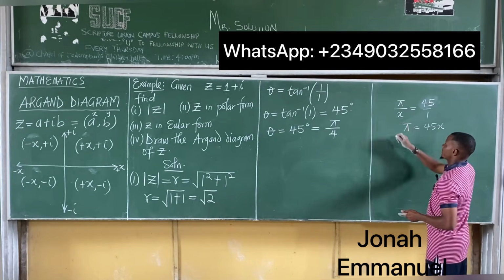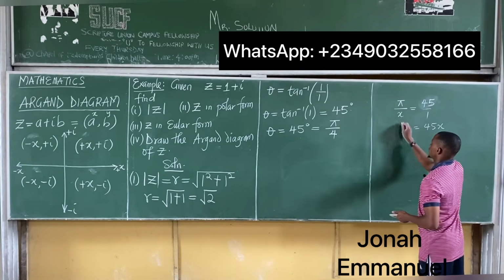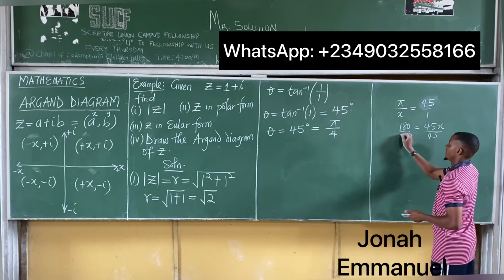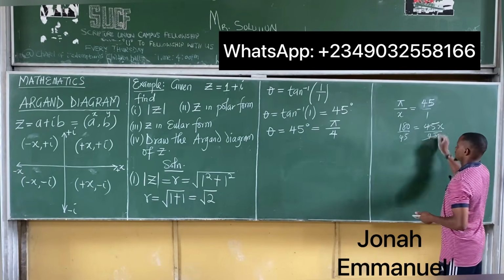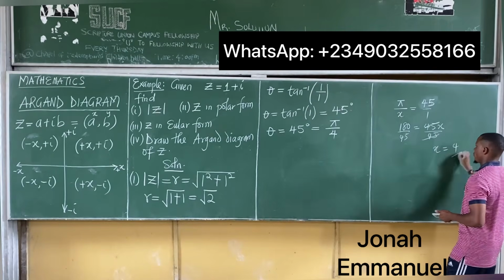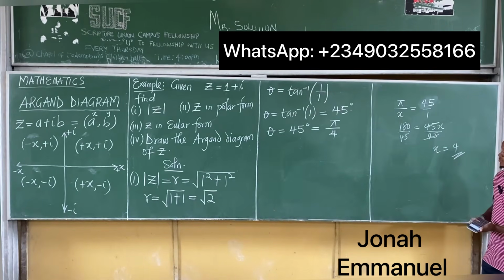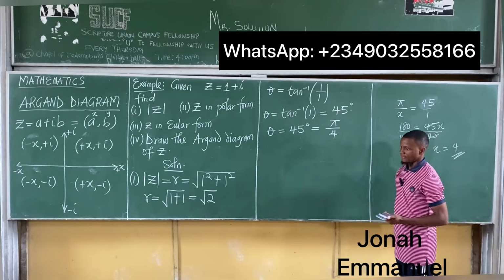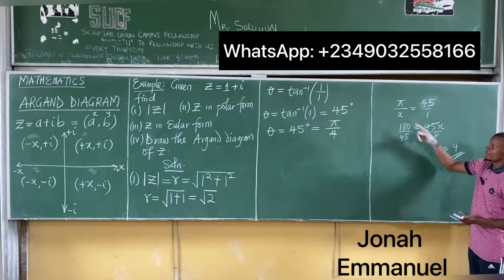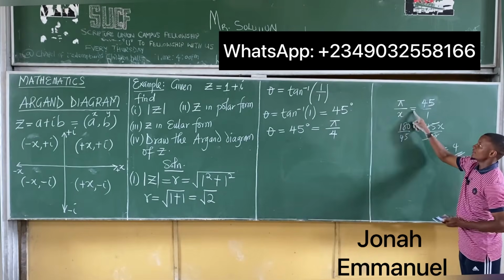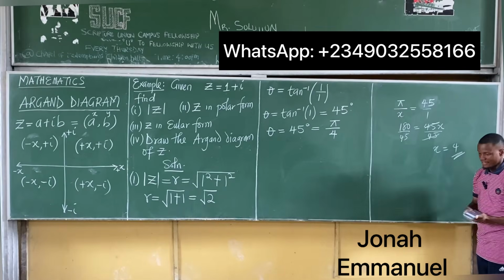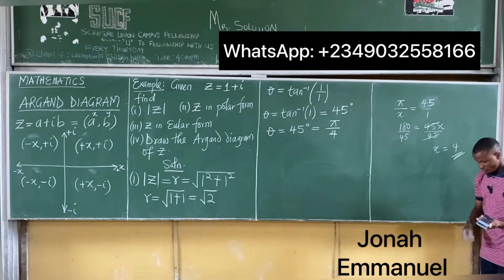But we said pi is 180, so change pi to 180 and divide both sides by 45. This will cancel, and x is equal to 4. That's how you can easily get that. So 180 over 4 gives you 45. This is how to get the 4: pi over an unknown number is equal to the gotten angle. Cross multiply and find x. Our value here is 4.